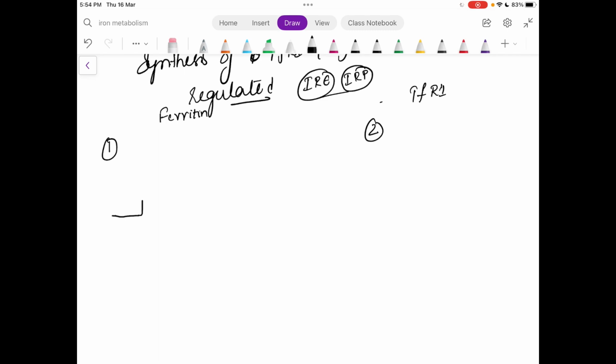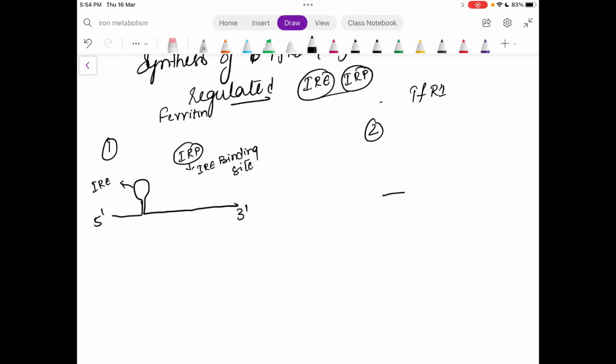In an mRNA, we have the iron response element. This is the 5' end, 3' end. Towards the 5' end, we have the iron response element, and IRP is there. This IRP will have an iron response element binding site.